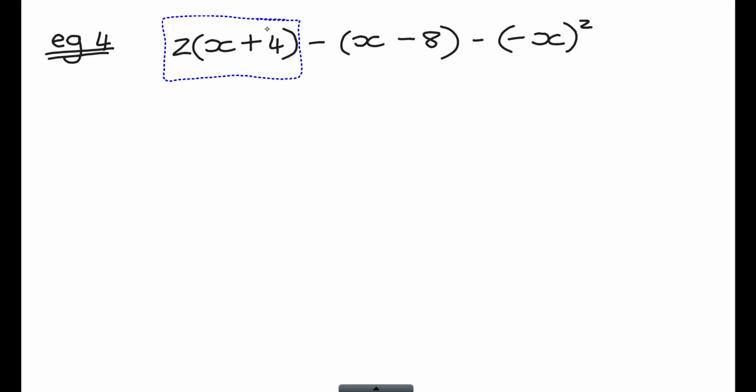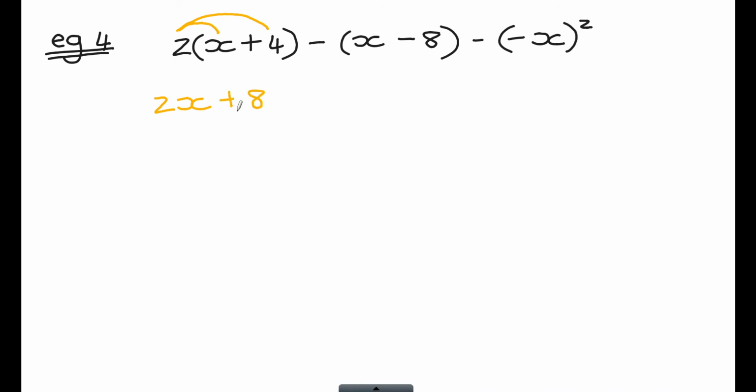The 2, we're going to multiply into that bracket. No? You guys fine with that? Okay. Oh, no, wait. The last part is a bit difficult. We could do one just now. So 2 times x will give me 2x. Then 2 times 4 will give me 8.